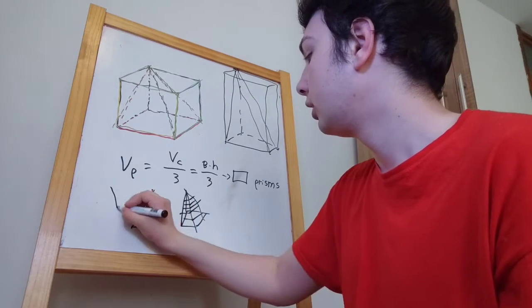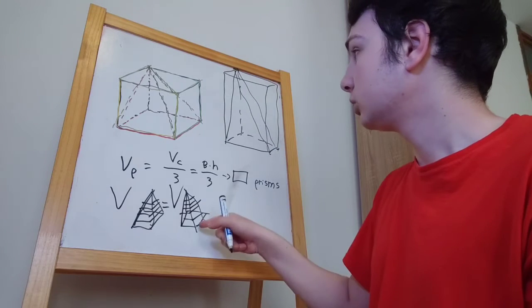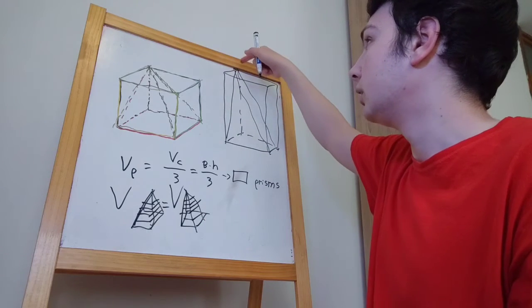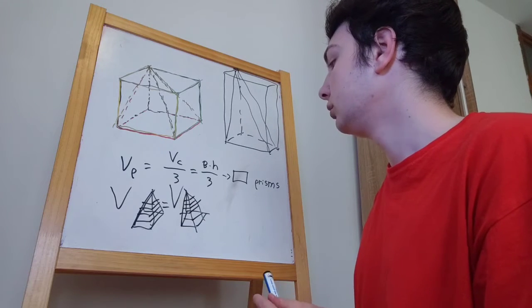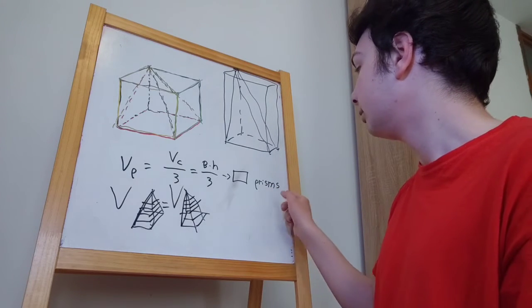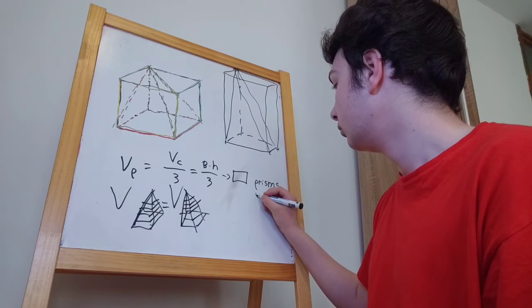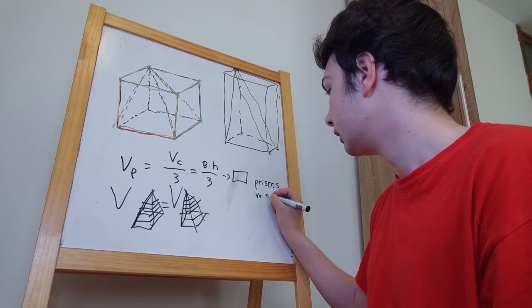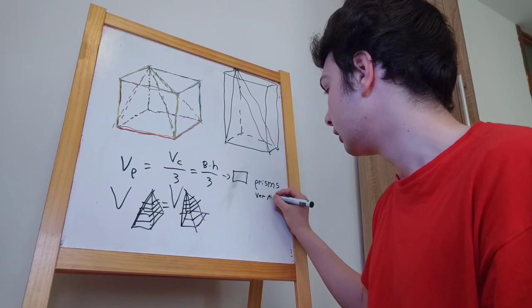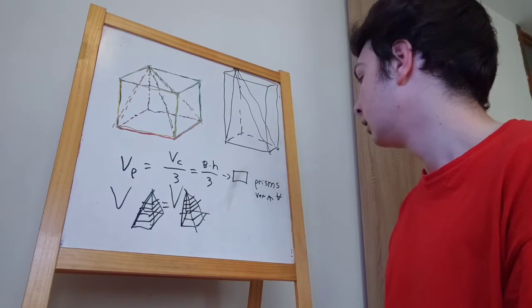Really, the volume of this is equal to the volume of this. So the volume stays constant even if the upper vertex gets moved around. Great. So now we have pyramids where the vertex at the top is anywhere.